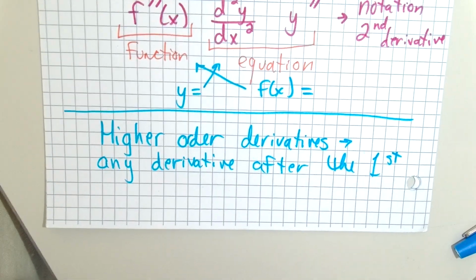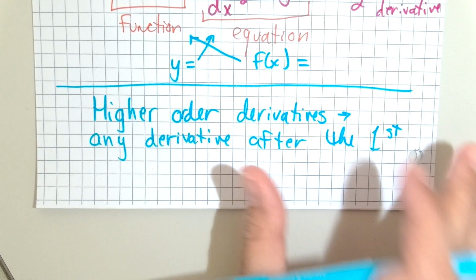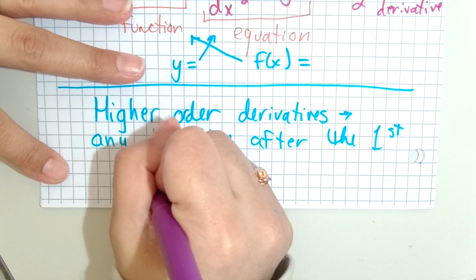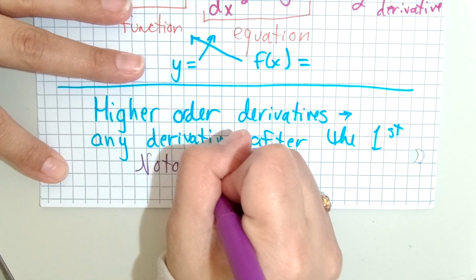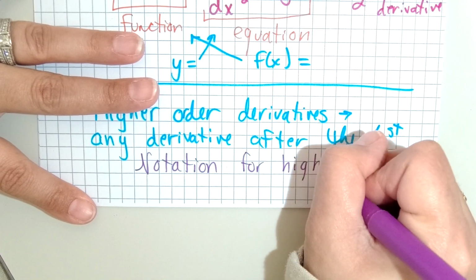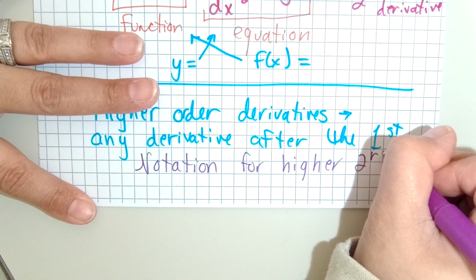So the second derivative is technically a higher order derivative, but we have specific notation for those two things. We have specific notation for double derivative and triple derivative. We have specific notation for those that are greater than 3. So the notation for higher than second is as follows.